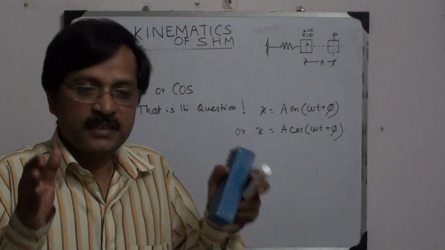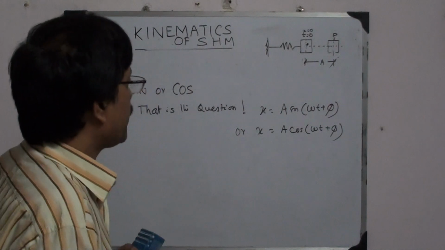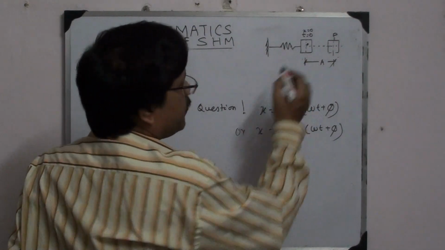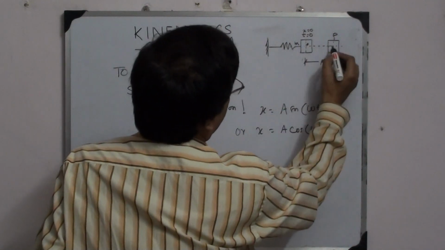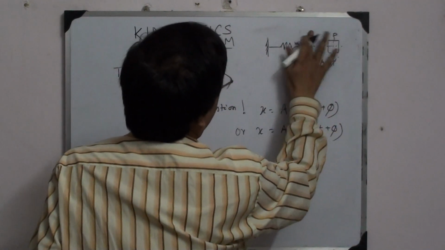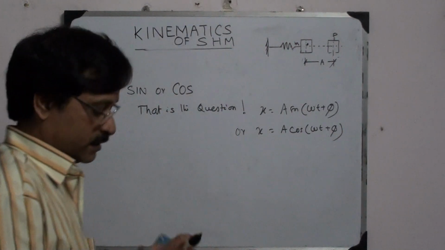But let me just illustrate it with a proper example. The proper example that we are seeking is the same block spring system. This is the block with mass M, and it is shifted by a certain distance A and released.